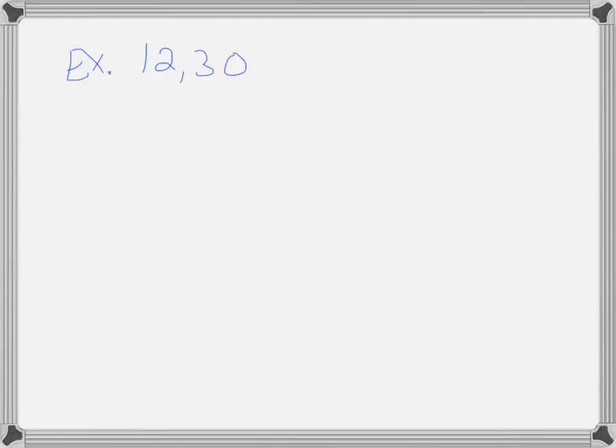We have 12 and 30. So you pick the larger number, which is the 30. And I'm going to make a little chart. Here's the smaller number, 12. And I'm going to multiply 30 by 1, which is 30. Will 12 divide evenly into 30? No, it will not.